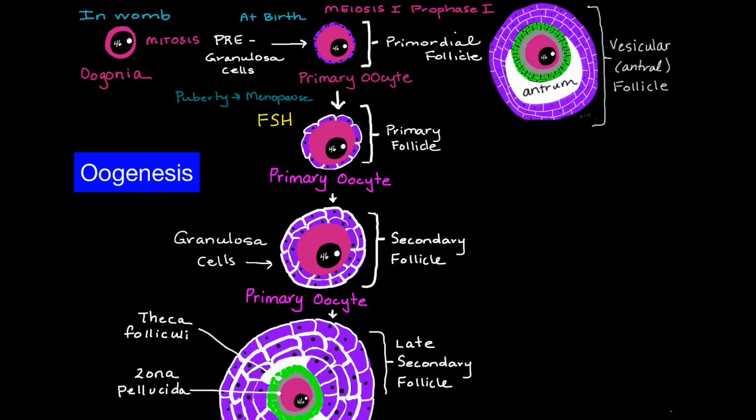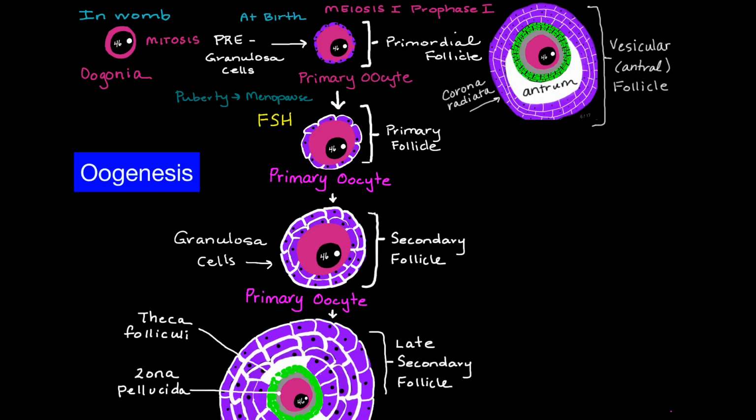We call this a vesicular or antral follicle. We'll also notice that we have many layers of the follicular cells, those granulosa cells, and we refer to it as the corona radiata.